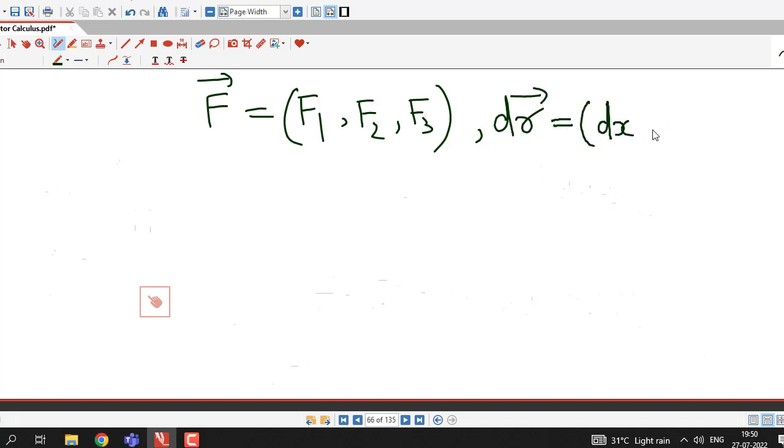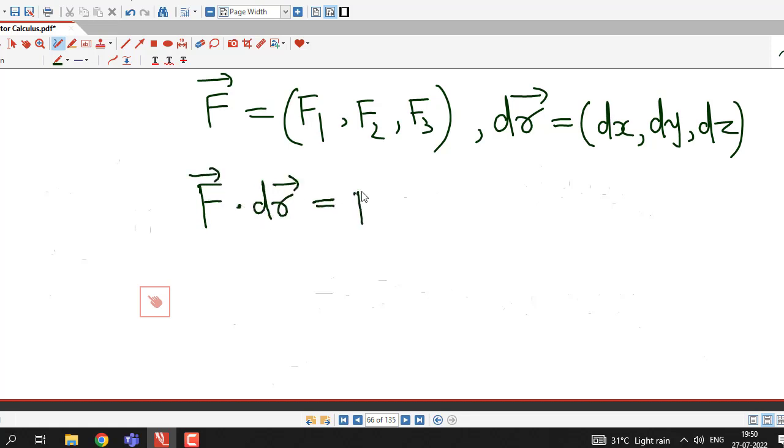We will consider dr bar equal to dx, dy, dz, and the dot product of F bar and dr bar will be equal to f1 dx plus f2 dy plus f3 dz.